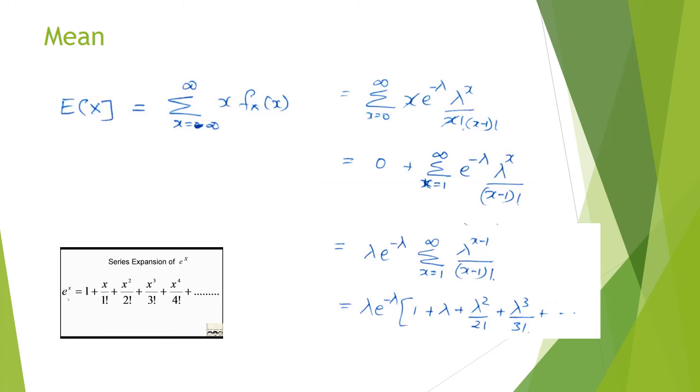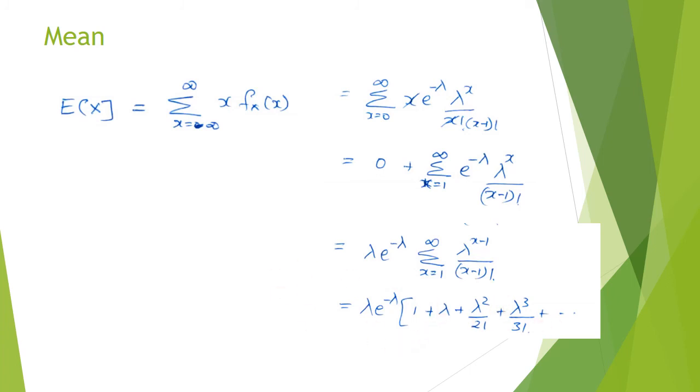Now this infinite sum is actually e raised to lambda. e raised to x is expanded as 1 plus x by 1 factorial plus x square by 2 factorial, etc., so this infinite sum is e raised to lambda. Substitute that value here, and you get lambda e raised to minus lambda into e raised to lambda. This into this will be 1. So the final value will be lambda into 1, equal to lambda.